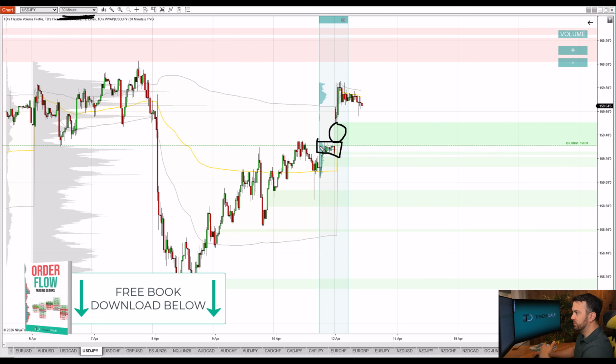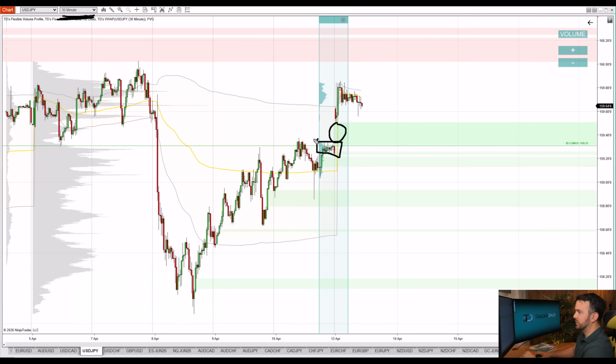Okay, a heavy volume zone that stands out like in here. So again, the setup is the same. The price first needs to fill in the gap. When it does, it hits that heavy volume zone and you trade from there.